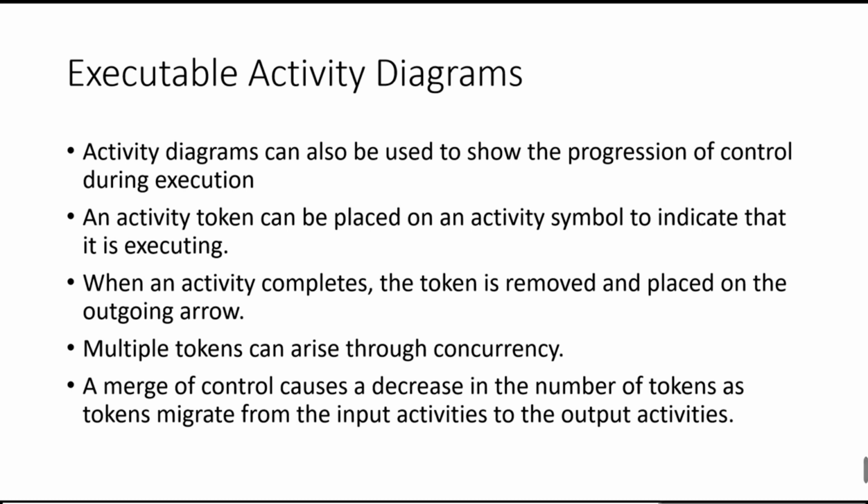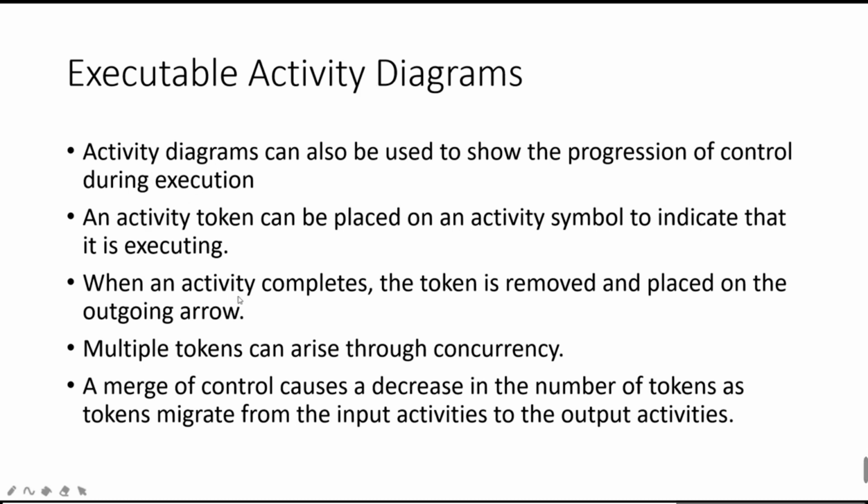Multiple tokens can arise through concurrent activities, and then after the merge heavy line, the number of tokens will decrease and migrate from all of the concurrent input activities to the output activity.